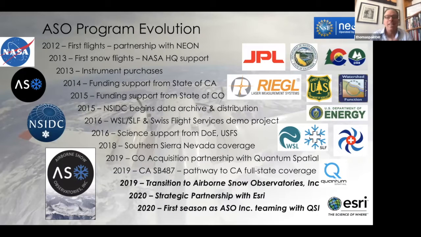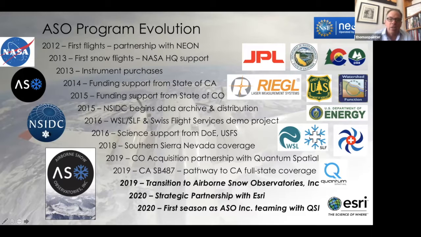So it's rather exciting. So the program evolution: we had our first snow-free flights, the baseline flights, in 2012, first snow on in 2013. Again, in that year, we started with the Tuolumne and then acquisitions in Colorado. And then we had this growth in the state of California, growth in the state of Colorado.